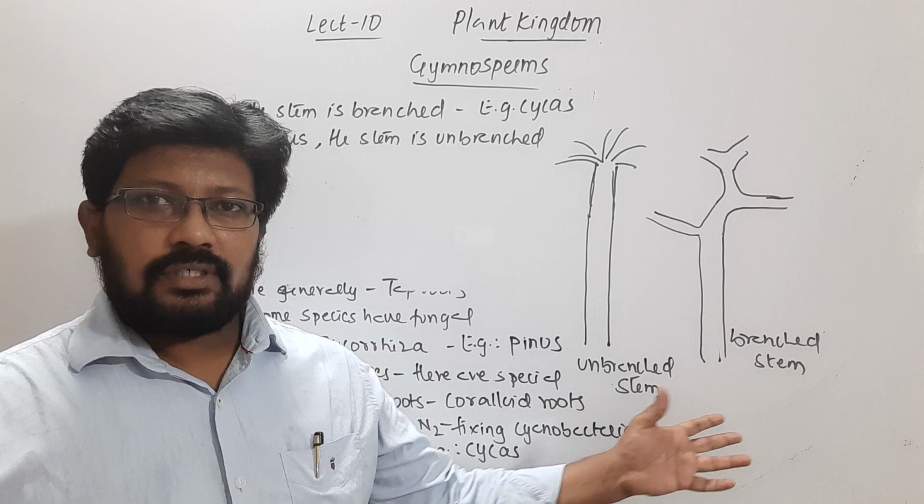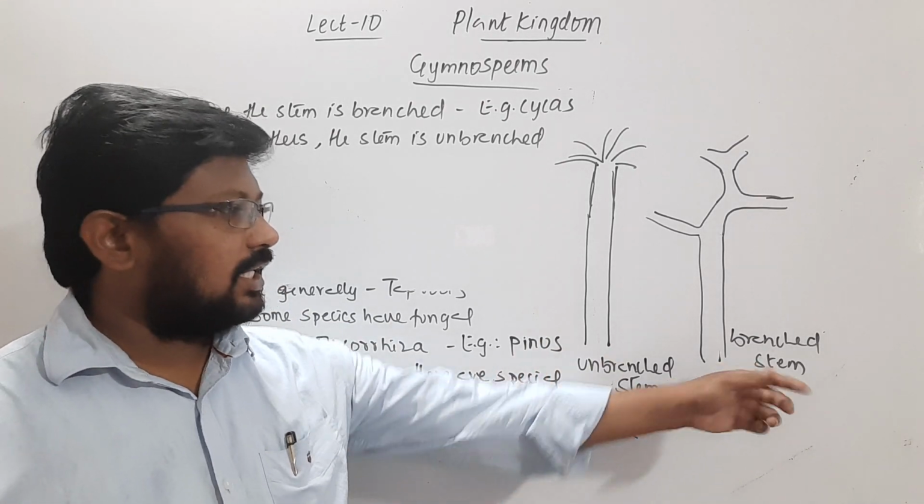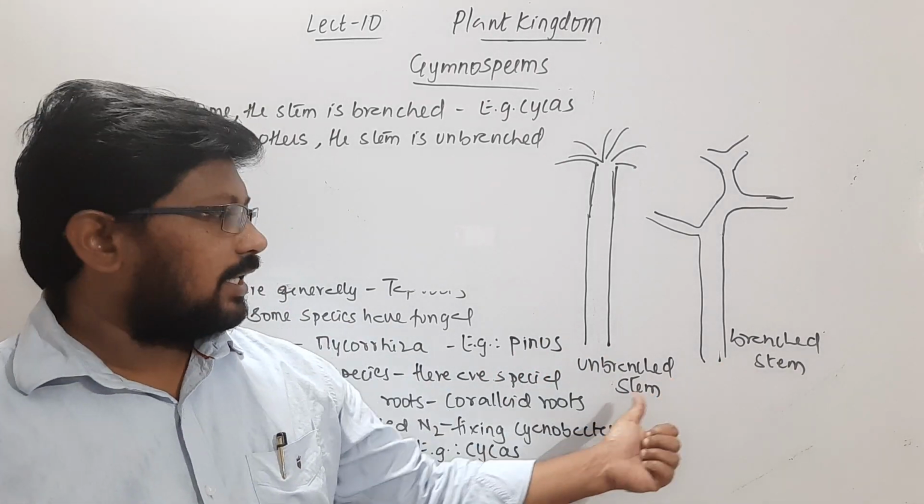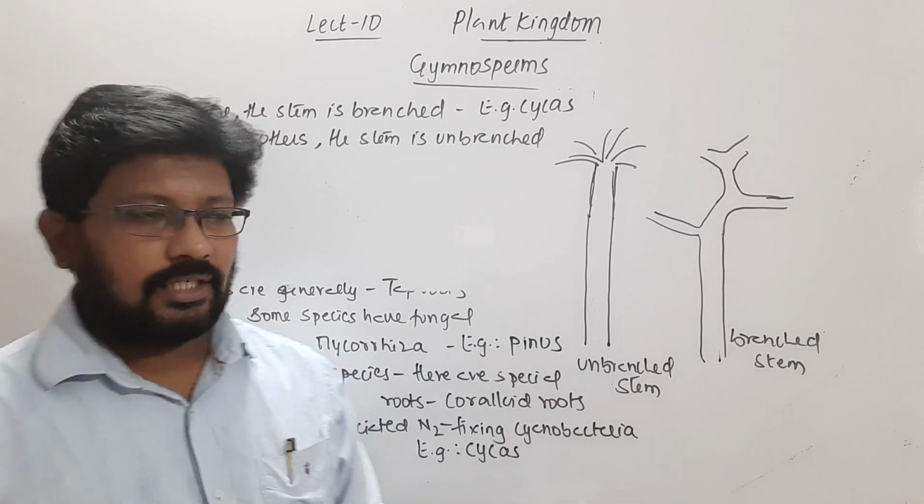So in the case of a mango tree, you see it has branches, and in the case of coconut, you don't find any branches.